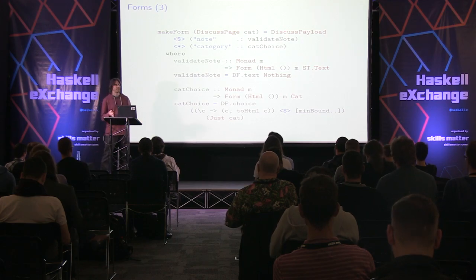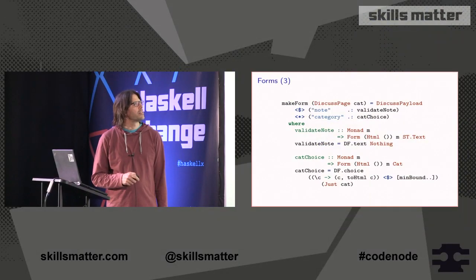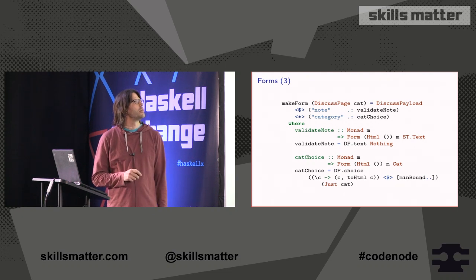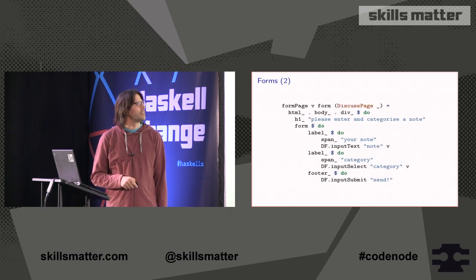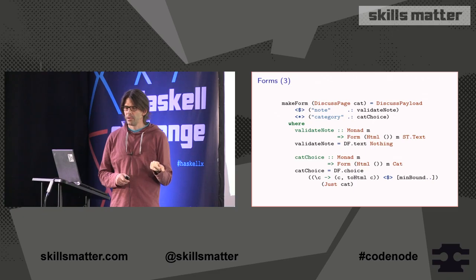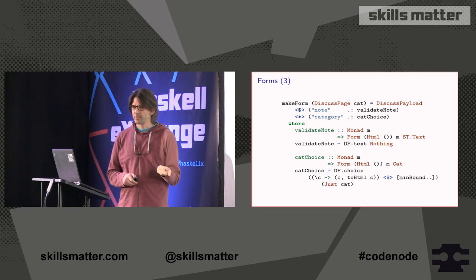So every page type has, if it's a form, a payload type associated with it, and the make form validator constructs a value of that payload type by sticking smaller validators together. And here you see the keys of the input fields again. So at this point, we can render the form, we can validate it and construct the output.